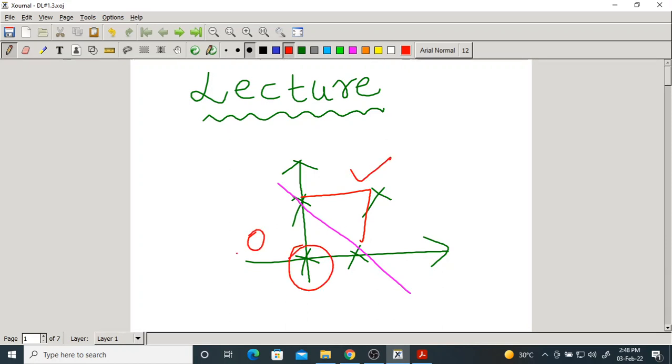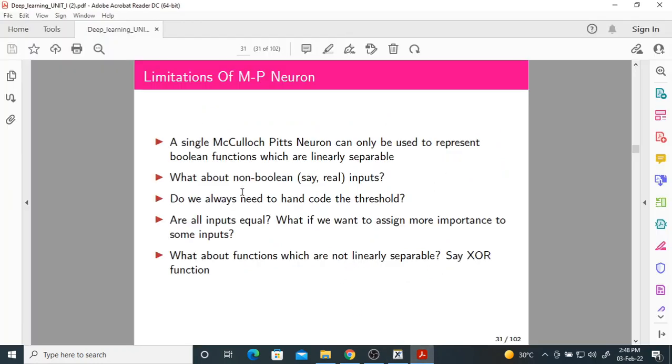So we can separate them. That is called linear separability. Using a single layer MP neuron, we can represent only Boolean functions which are linearly separable. That is a drawback of the MP neuron.